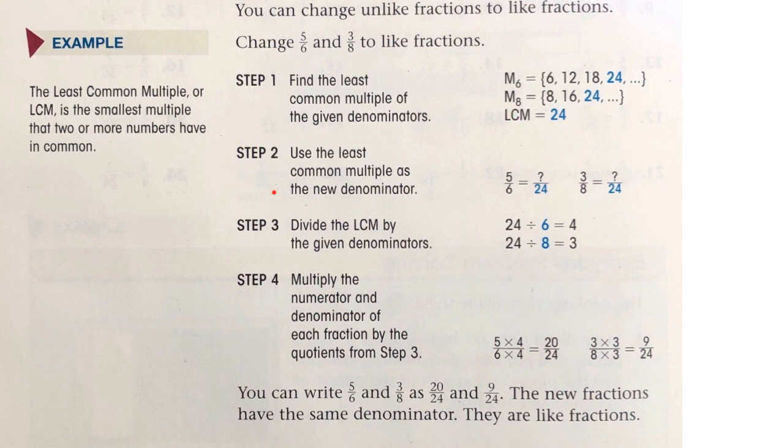Step 2. Use the least common multiple as the new denominator. We had a fraction of 5/6. We want to make the new fraction have a denominator of 24. So just like we did in the last section, we can either know how many sixes it takes to get to 24, or divide 24 by 6 if we need to do that.